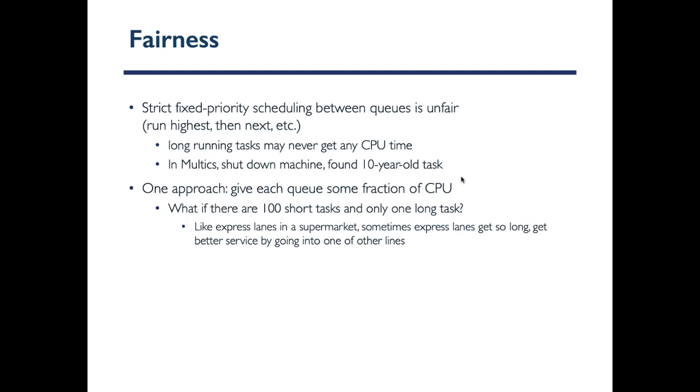It feels fair. But in essence, each one of the high priority tasks gets one time unit, and that low priority task also gets one time unit. So basically everybody is now equal, where you actually had priorities. You wanted the low priority task to get less than the high priority tasks.